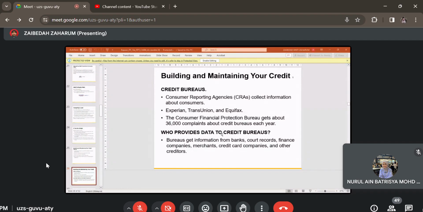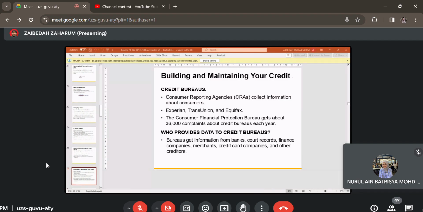Okay, so macam kita di Malaysia ni, okay, kita ada beberapa lah credit bureau. Di mana salah satunya macam Secris. Kita ada Credit Bureau Malaysia, dan kita ada Experian juga.